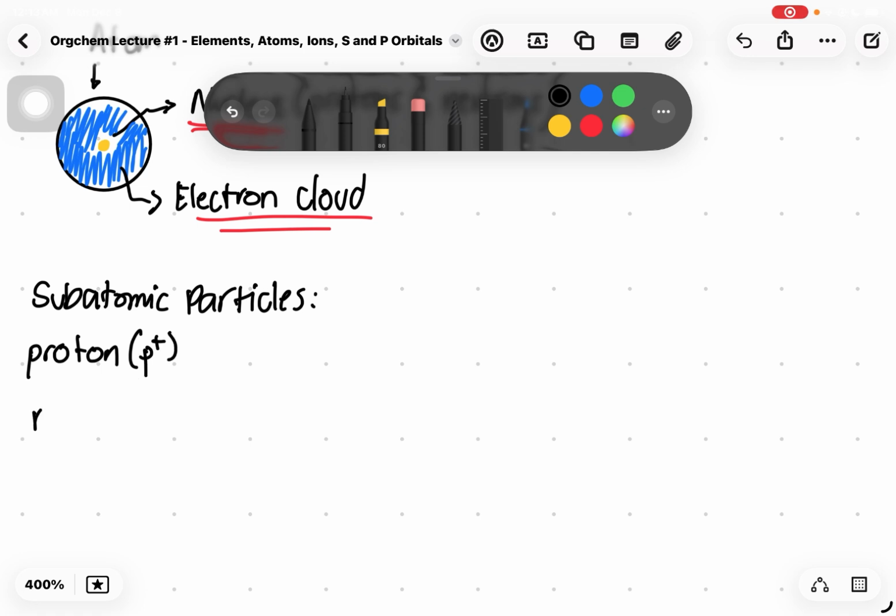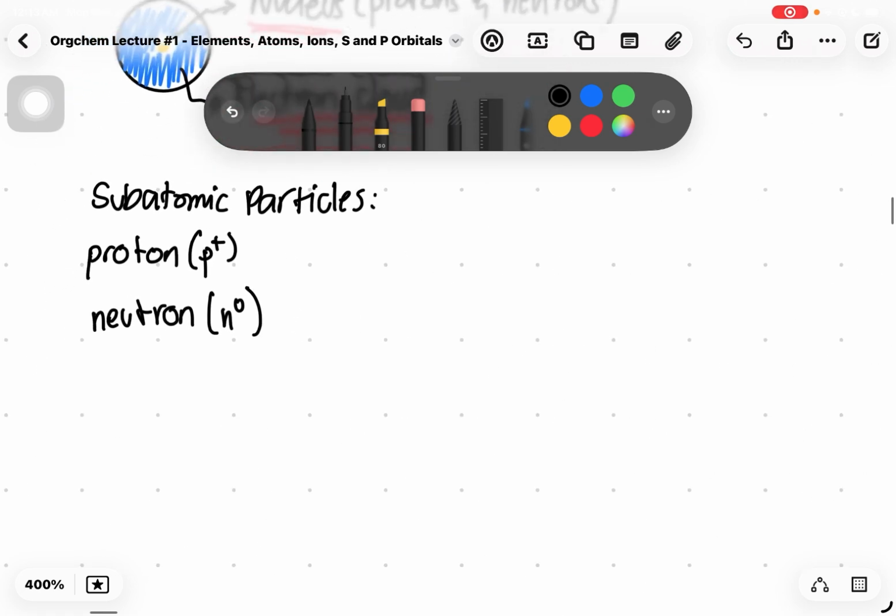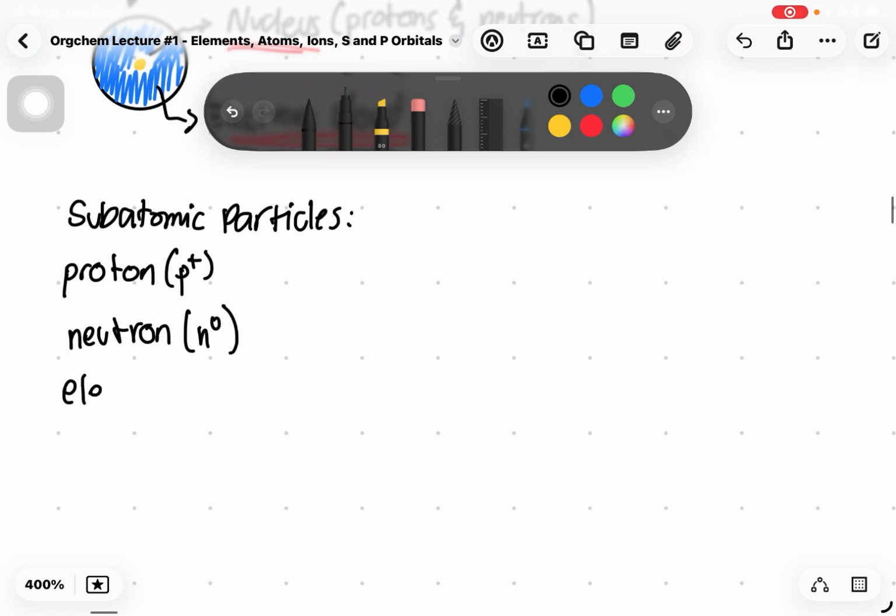Next, we have the neutron, which is uncharged. It can be denoted as N raised to 0. And lastly, the electron, which is negatively charged, and we can denote this as E minus.